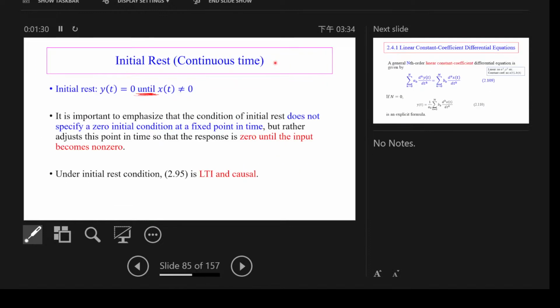Let's go back a little bit. Here is the initial rest condition. Initial rest means that the output is 0 until your x is not 0. It's important to emphasize that this is not the initial condition. It's initial rest. It's not that your system is 0 at some fixed point.